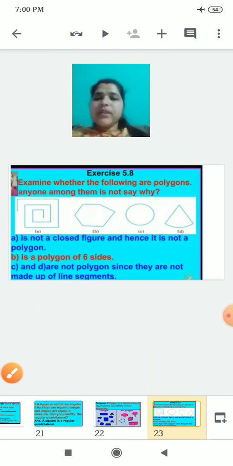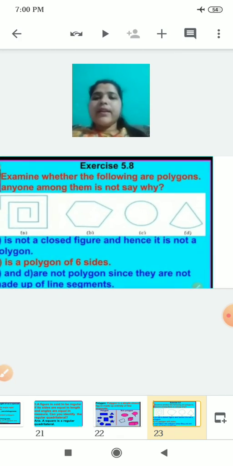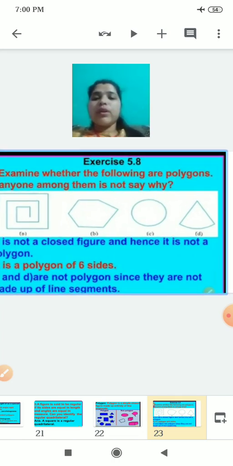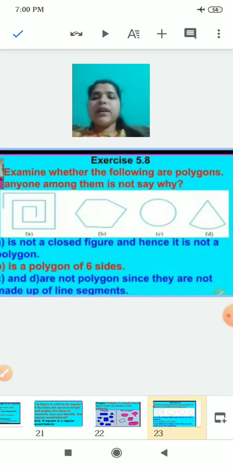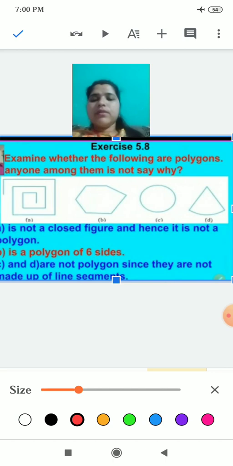We have exercise 5.8 here. Examine whether the following are polygons. If any is not, say why. The first one is not a closed figure, so it is not a polygon. This figure is not closed, so it is not a polygon. This is a closed figure, so it is a polygon of 6 sides.